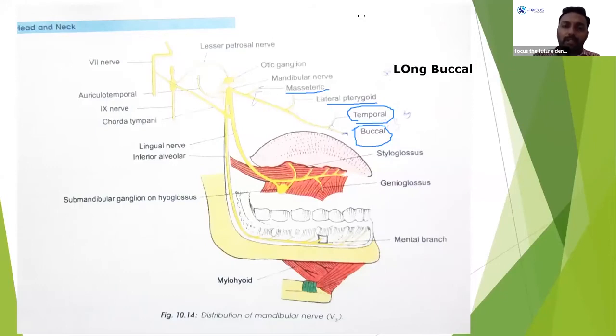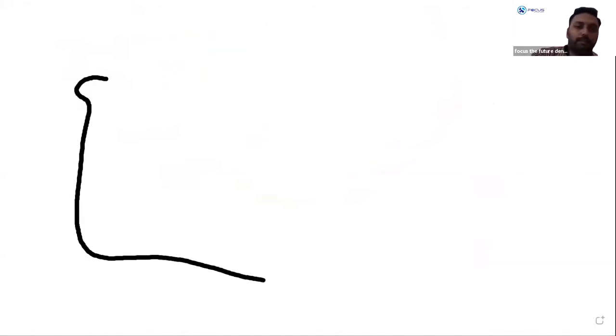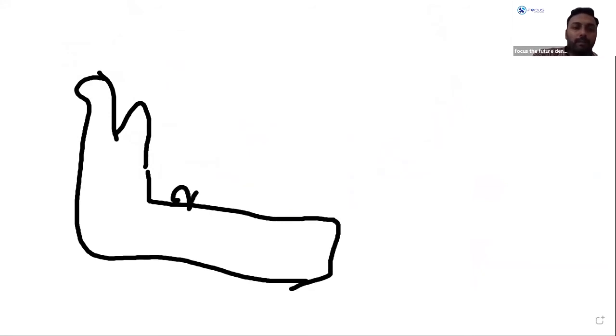So I will just draw you a picture. This diagram which they have shown is for representation, so I'll show you another picture of how it approximately looks. I'll draw a mandible first. You have the teeth here, and somewhere around here you have your foramen ovale, and this will be your nerve coming.